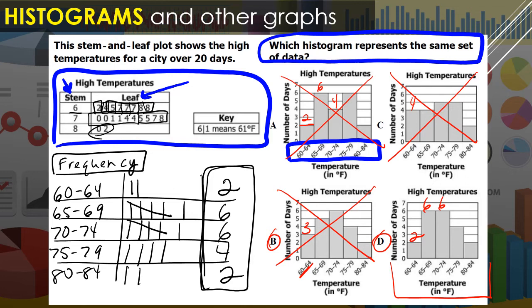This is matching up nicely. 75 through 79 should have 4. And 80 through 82 has 2. And so you can see here, we took our stem and leaf plot, we made a frequency table from the data, and then we just found out which histogram matches this data. So we can say that D is the correct answer.